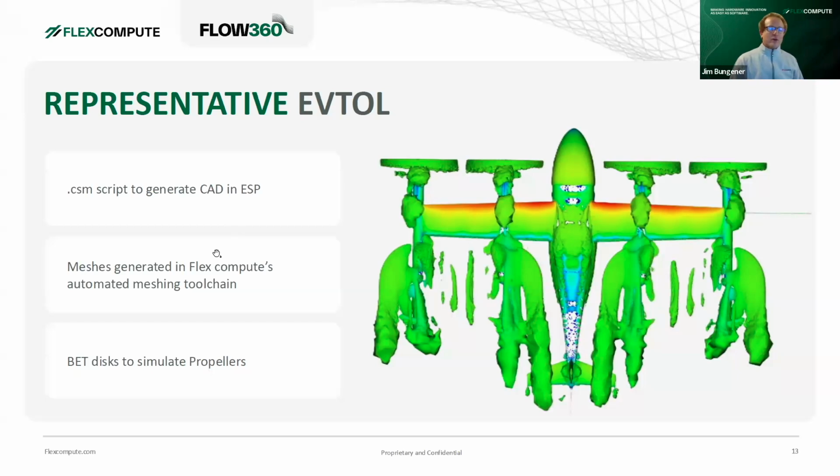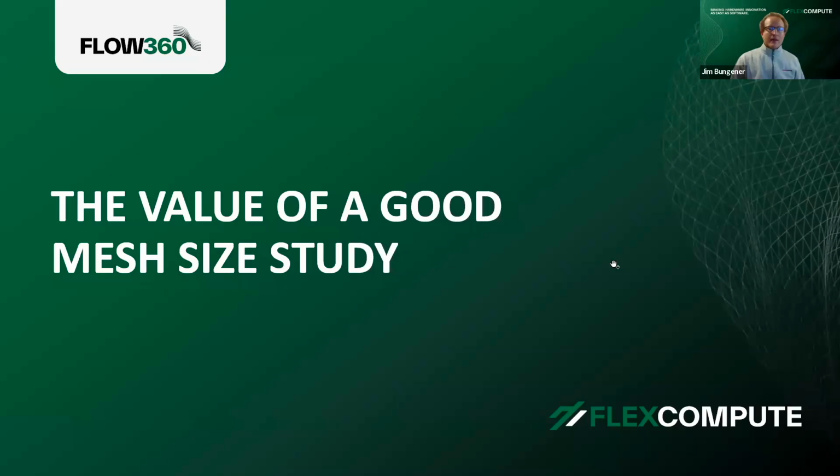We fed that through our automated meshing tool chain, and then we added BET disks. You can see the 4 disks in the front to simulate the propellers, and then we have 4 more disks in the back here, creating thrust downward. And so the idea is we now have a representative eVTOL geometry to go and test with.